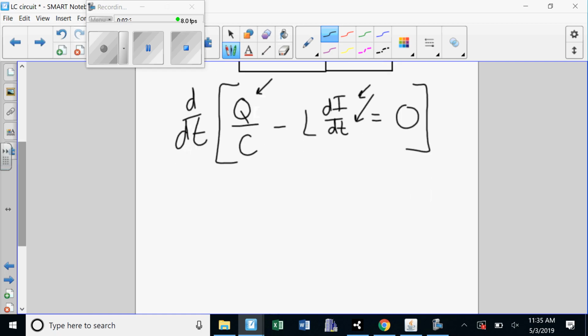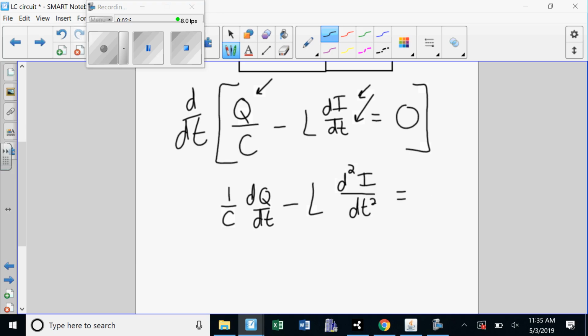Okay? So over here I have 1 over C, because that's a constant term, and it leaves me with dq dt, taking the derivative of charge, minus L is also a constant term, so I can pull it out, and I have the derivative of current, which gives me the second order derivative with respect to time. Okay?